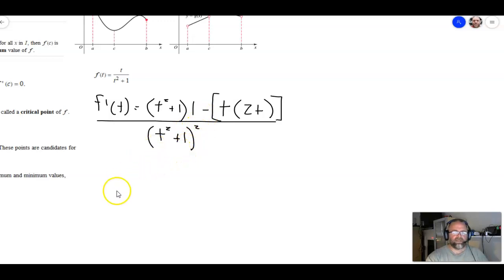Alright, let's see if we can clean this up a little bit here. So this is going to be t squared plus 1 minus 2t squared.